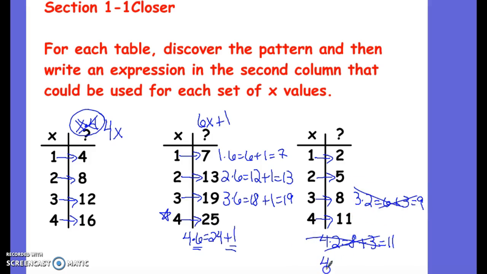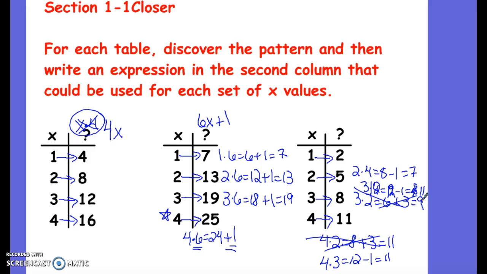Let's try going over. 4 times 3. Well, that's 12. 12 minus 1 is 11. Let's try the 3. 3 times 4 is 12. 12 minus 1 is 11.